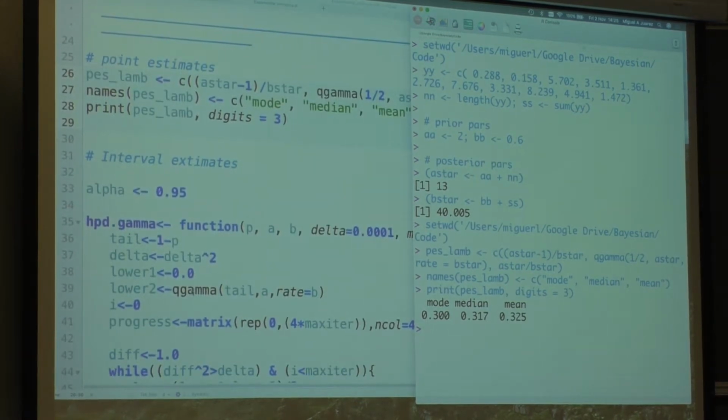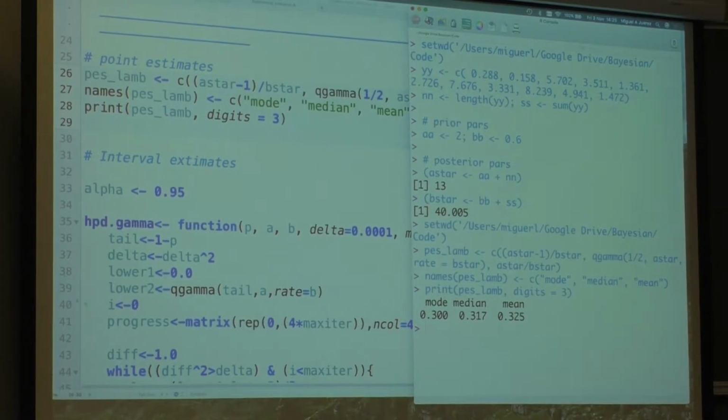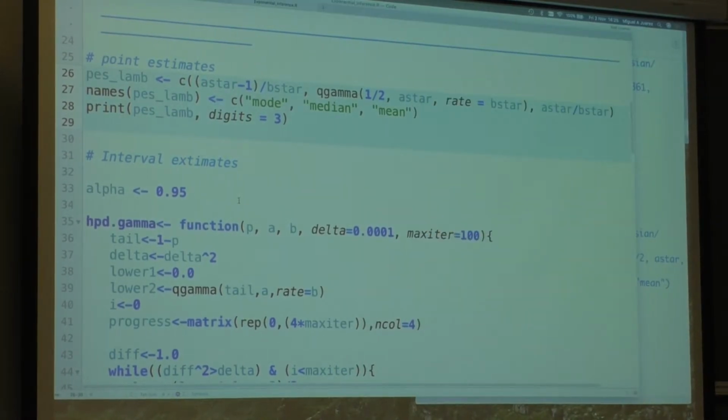Okay? But still, we can obviously plot it, and that's what I'm going to try and do. The next thing I would want to do if I carry on with my inference program is to calculate interval estimates.